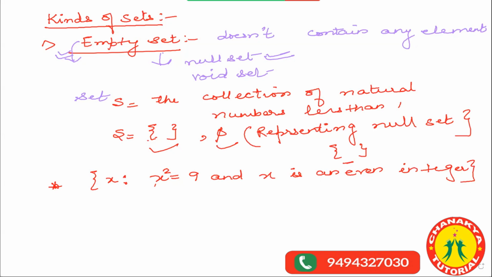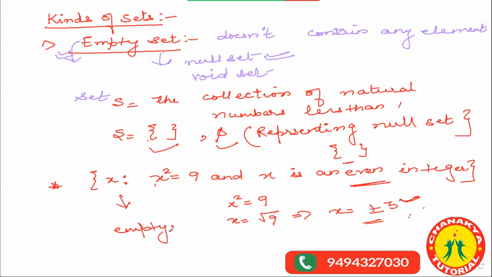No, because on solving x square is equal to 9, the value of x will be root 9, or plus minus 3. So 3 is your odd number. So it can be an odd integer, not an even integer. Clear? So which set is this? Empty set. Yes.